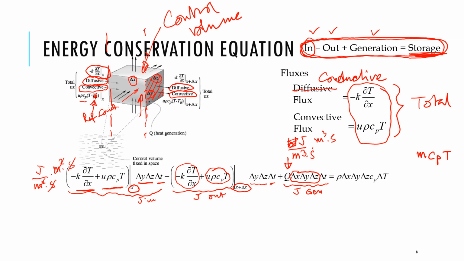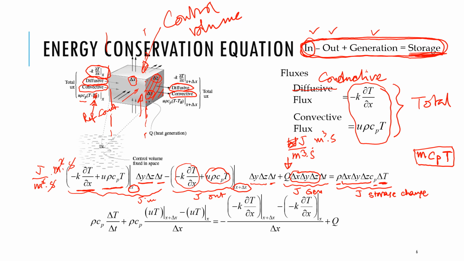So the change in storage is the change in this quantity. Since the mass and specific heat are not changing in our example, it is the T that is changing. So it's delta T times mass, which is delta X, delta Y, delta Z, that's the volume, times the density, and times the specific heat. So this is joules, storage change.